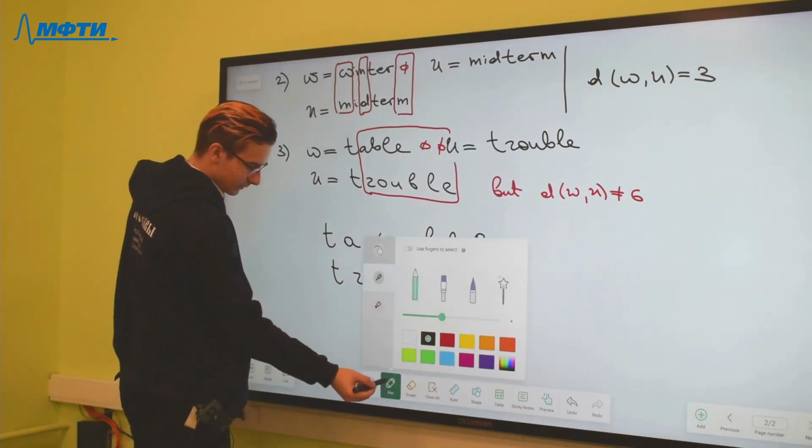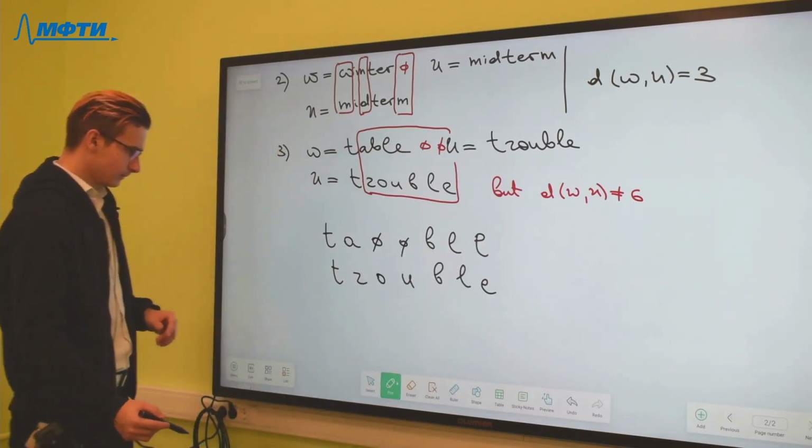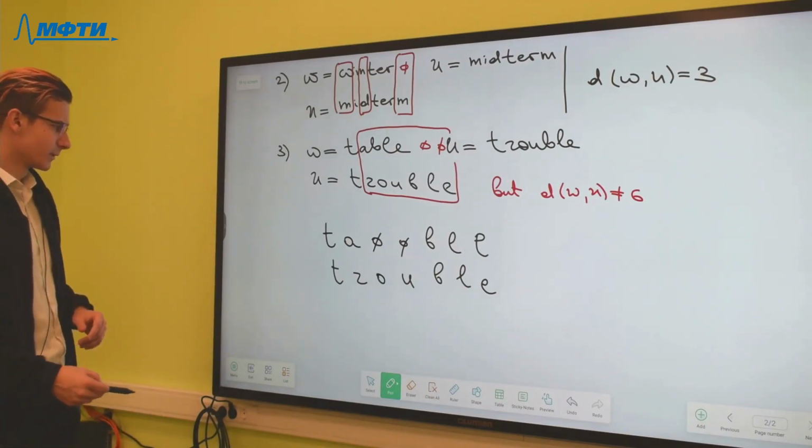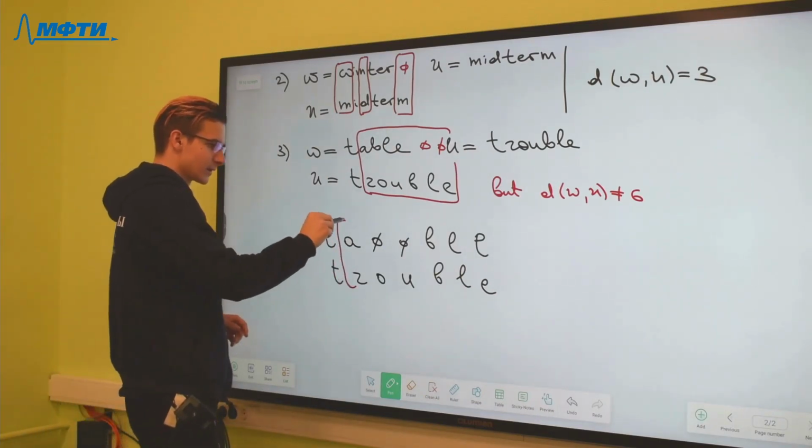And we see in which places there are differences: in these 3 places.